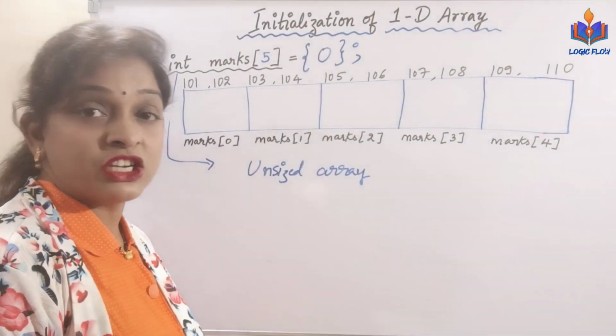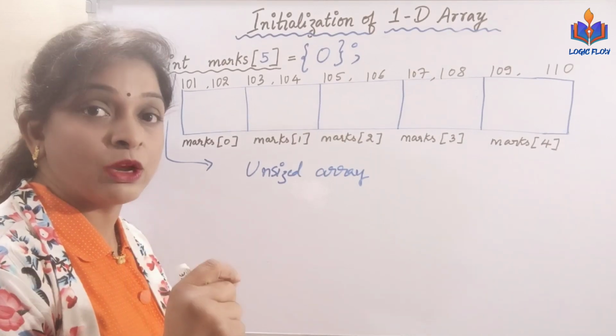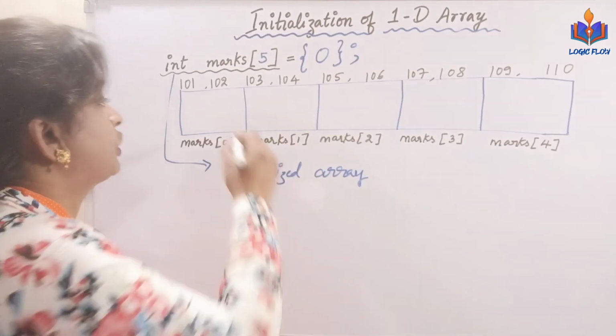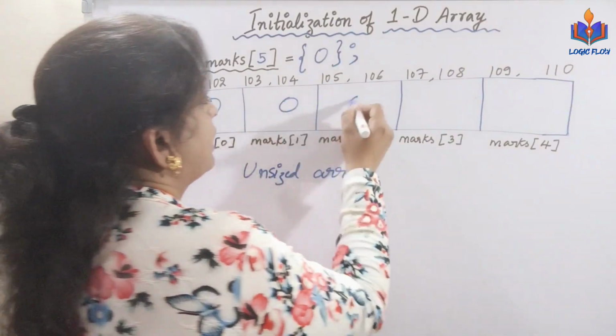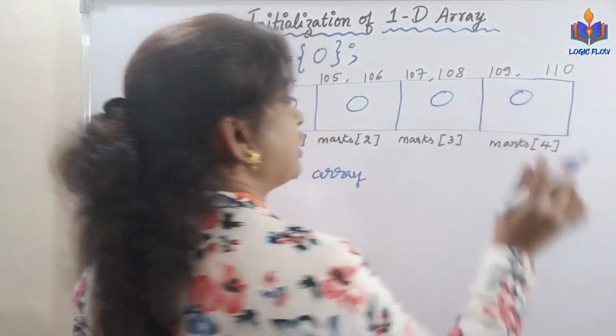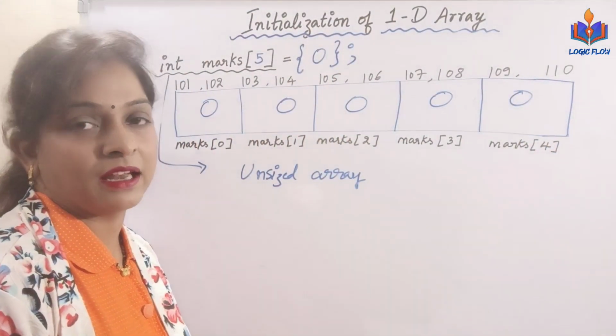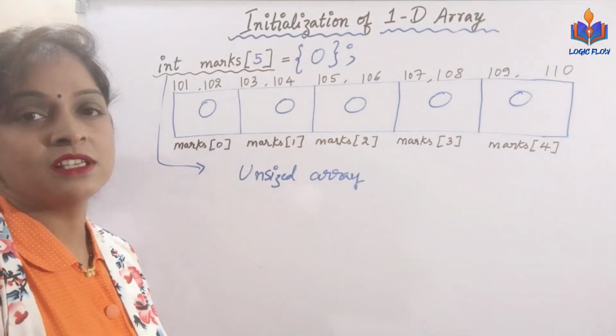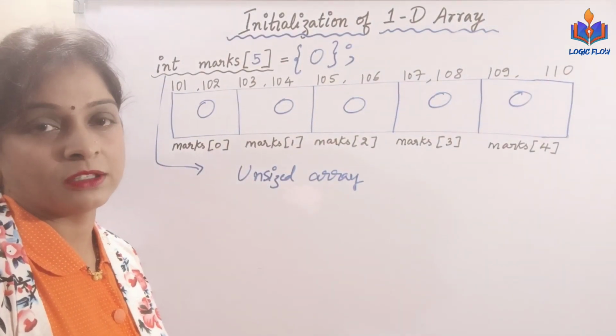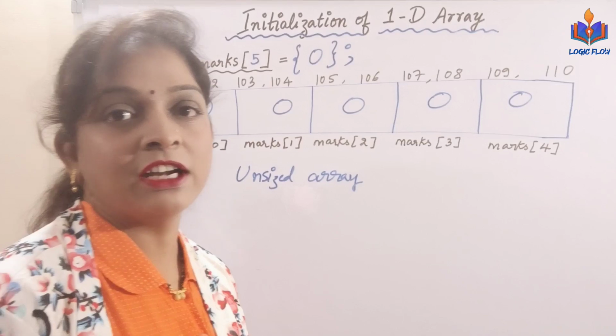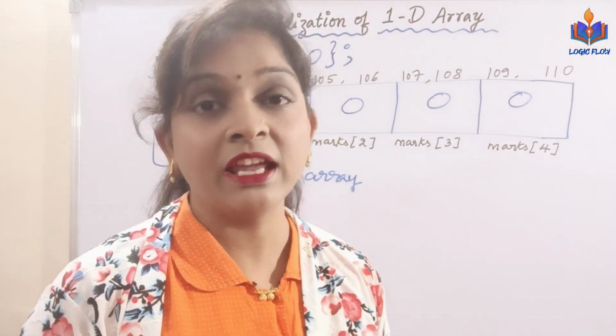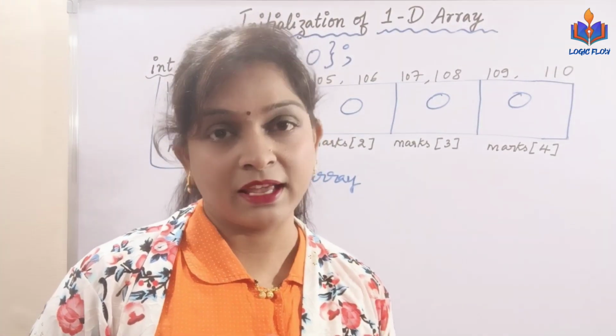Followed by that, the initialization says you need to fill 0 in all the memory blocks. So when I want a default or initial value like 0 filled into the array, I can use this method. These are the different methods of initializing the one-dimensional array.